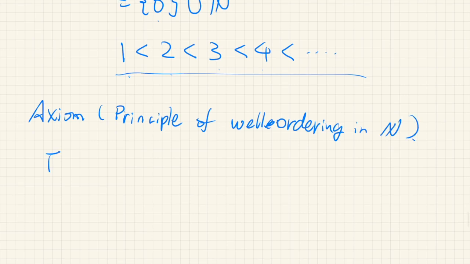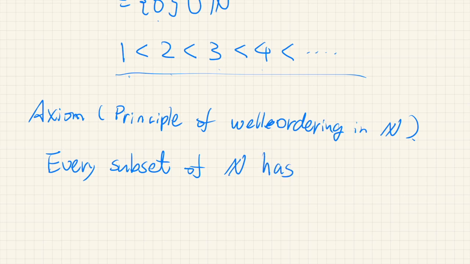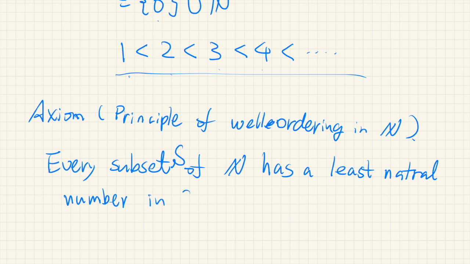That is, every subset of the set of natural numbers has a least integer. Least integer, it's an actual natural number in it. Let's call this subset S.